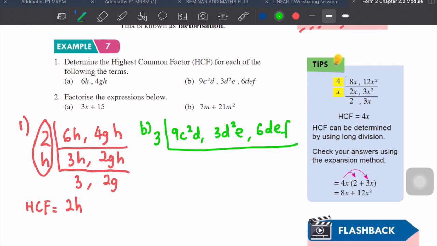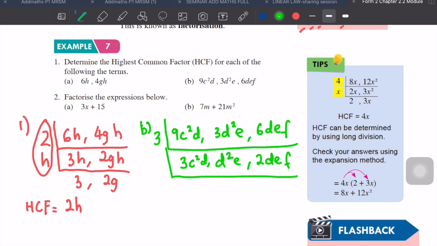Okay, so you divide by 3. So you get 9 bahagi 3. So akan dapat 3. 3C square D. 3 divide by 3. You get D square E. 6 divide by 3. You will get 2DEF. Okay, and then bahagikan lagi.